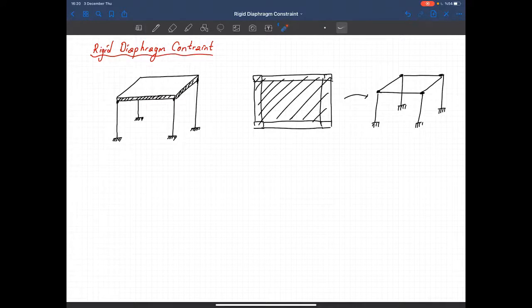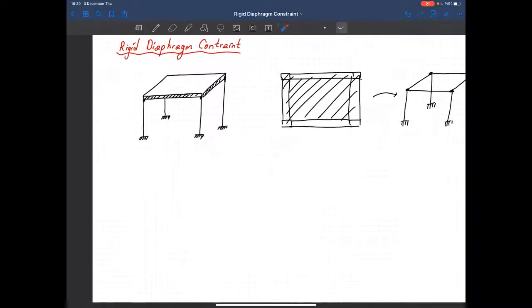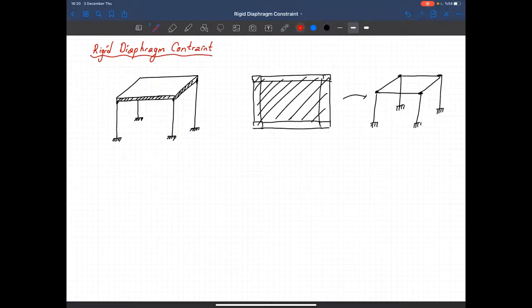Now, since we said that the lateral behavior of this type of moment frame structures is very flexible when compared to the axial deformation of this slab, we usually say that the slab is axially rigid.